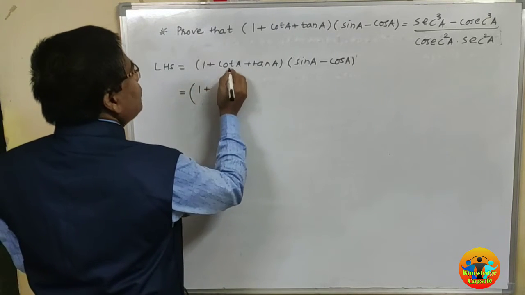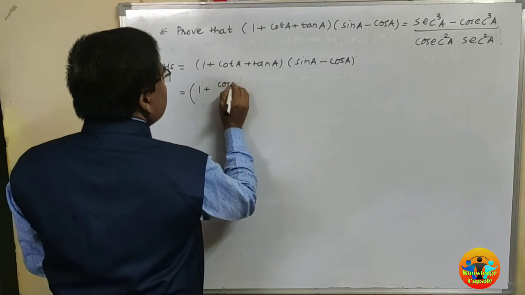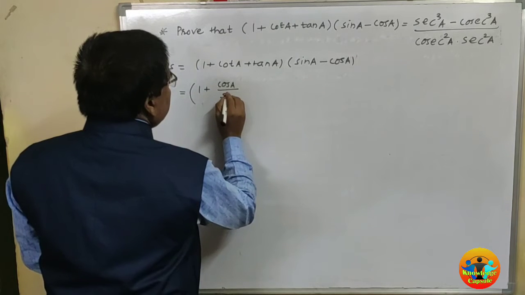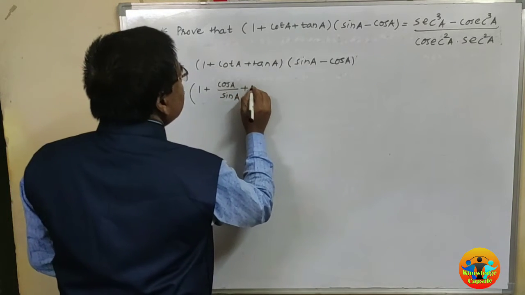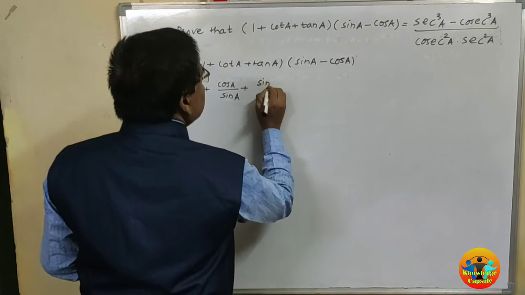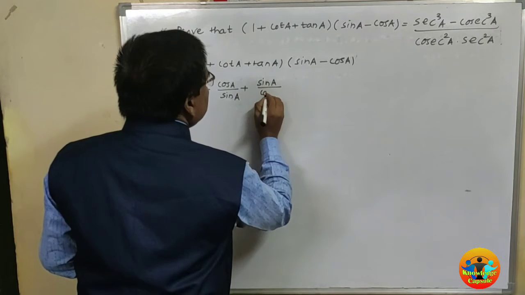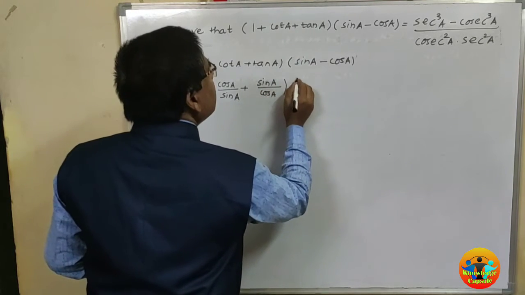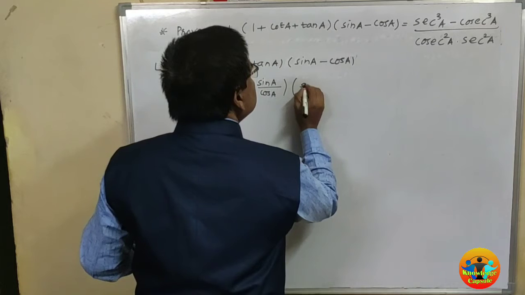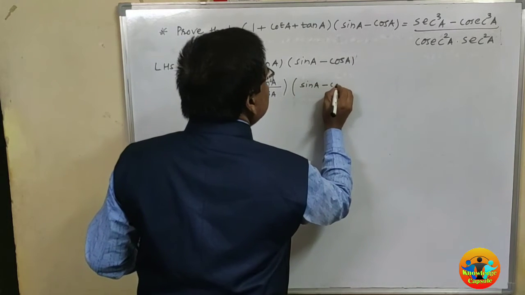Cot A can be written as cos A upon sin A, and tan A can be written as sin A upon cos A.